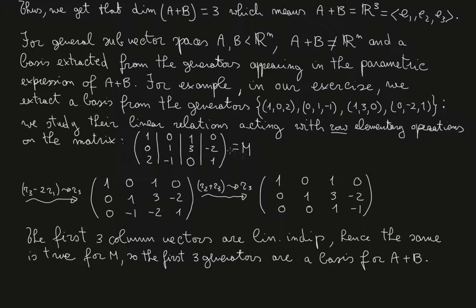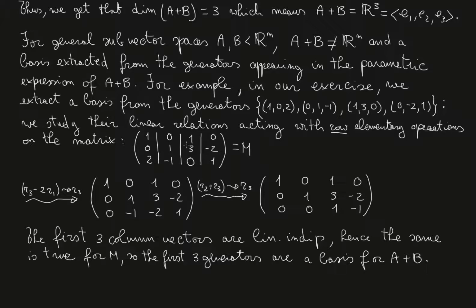The same is then going to be true for the vectors of the initial matrix M. So the fourth vector is going to be a linear combination of the first 3. Now, therefore, since the first 3 vectors of the matrix M are linearly independent, they will certainly be a basis, because there cannot be more.